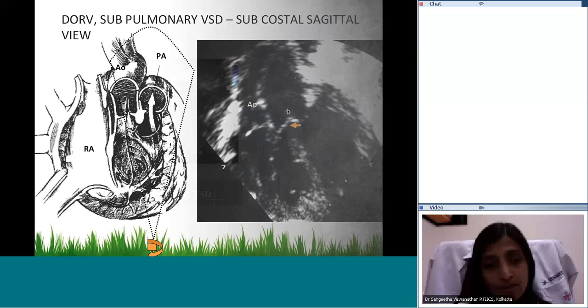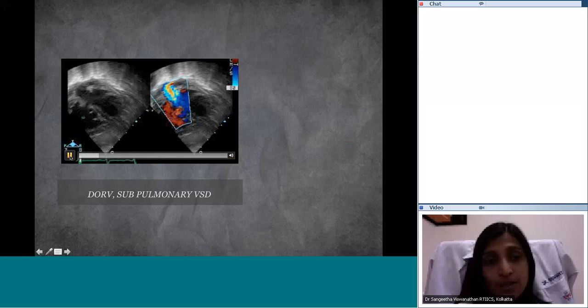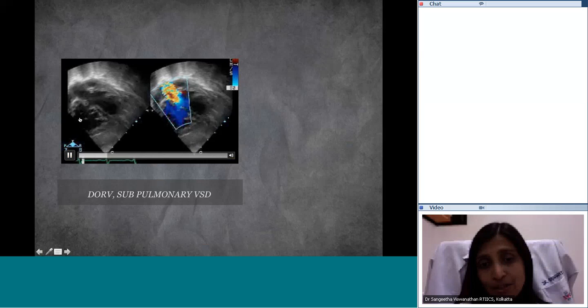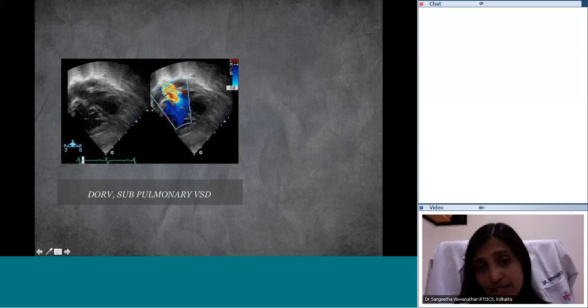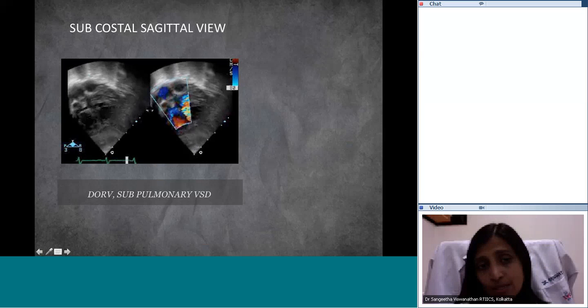So this is just a moving image of that still picture, which shows a dilated pulmonary artery with increased flow and a bit of turbulence. So once again, a subcostal sagittal view.